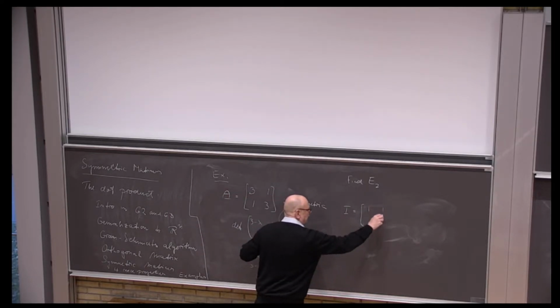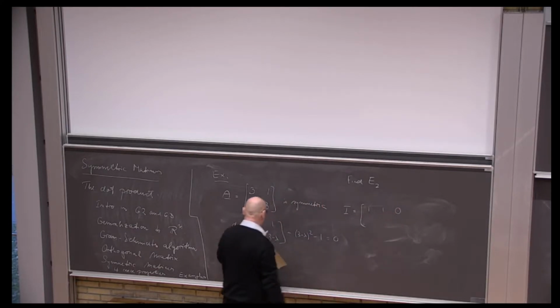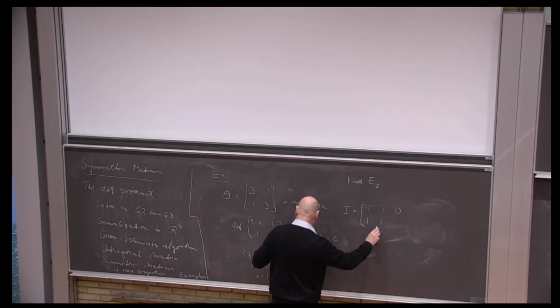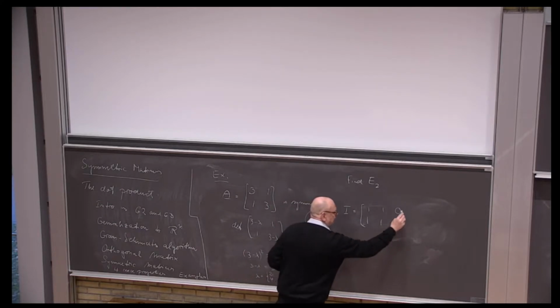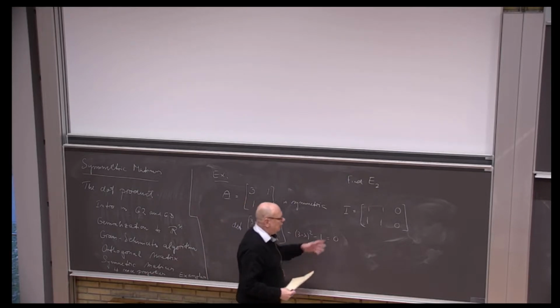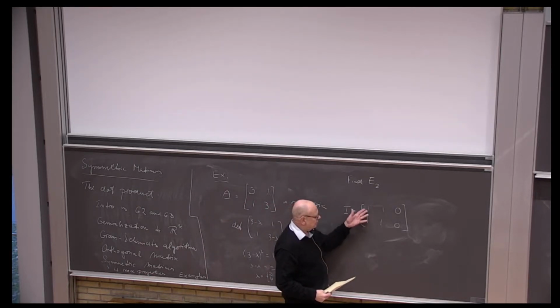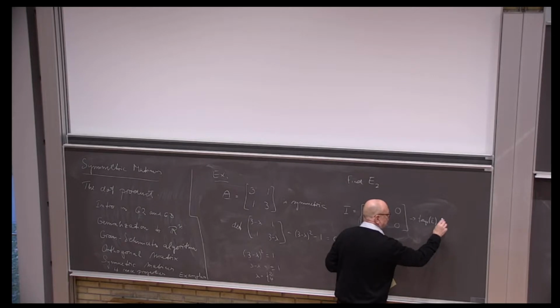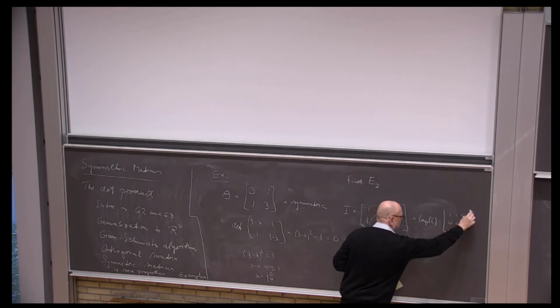You have a 1 here, and then 0 from the right-hand side, you get 1, and 3 minus 2, that is 1, and then 0 from the right-hand side. And obviously, you can subtract the first row from the second row, so you get the reduced matrix, which is 1, 1, 0, 0, 0, 0.